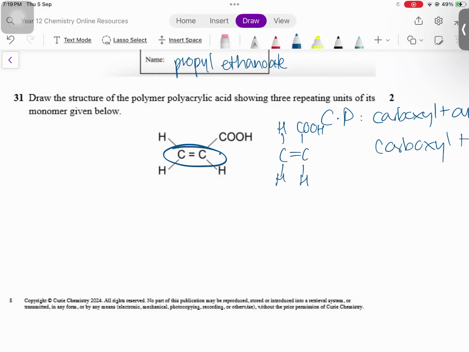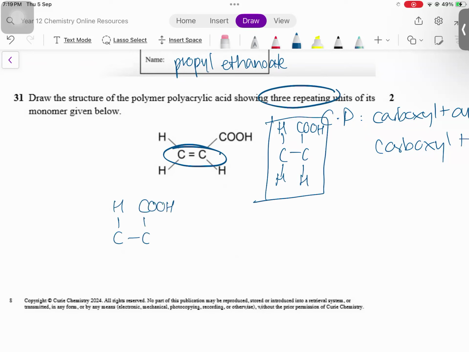So when I go monomer to polymer, I'll get rid of this second line in the middle. So this is my repeating unit, and all I do is draw it. They've asked me to draw it 3 times. So, right. H, H, C, C.